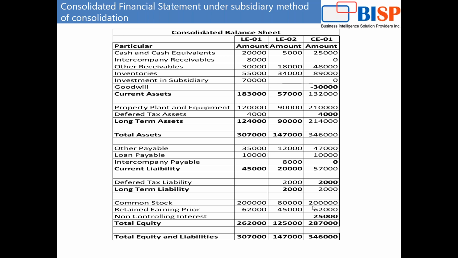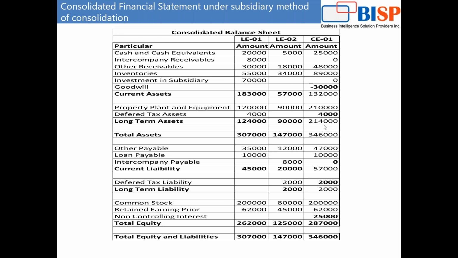So the common stock is of legal entity 01, that is 2 lakh. The retained earning prior is 62,000, that is of the parent company, and this amount is calculated non-controlling interest. These are the minority shareholders, so we need to determine the interest of this minority shareholder at the time of preparation of consolidated financials.